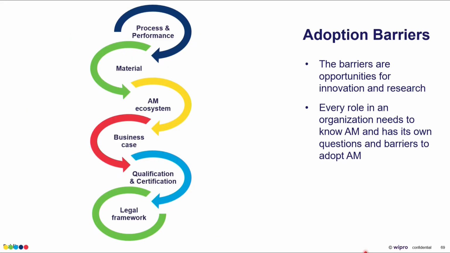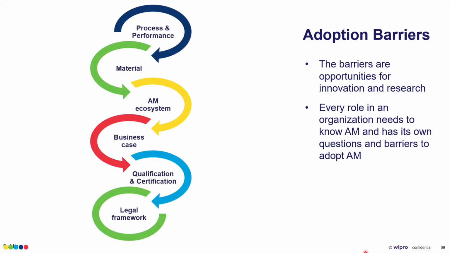But what are the barriers to do this, right? One of the barriers is process and performance. This is listed in the strategy for additive manufacturing. There are, let us say, 4-5 technologies to print with metal, and they print at a certain speed, which probably has to be much better, or have more processes.